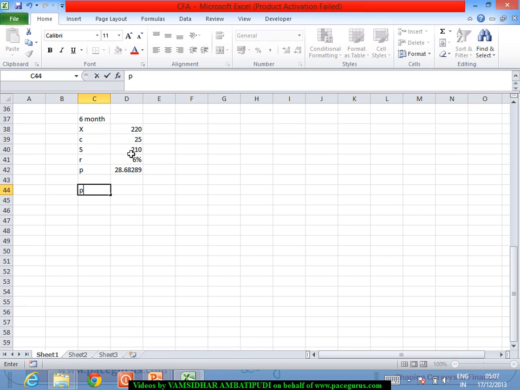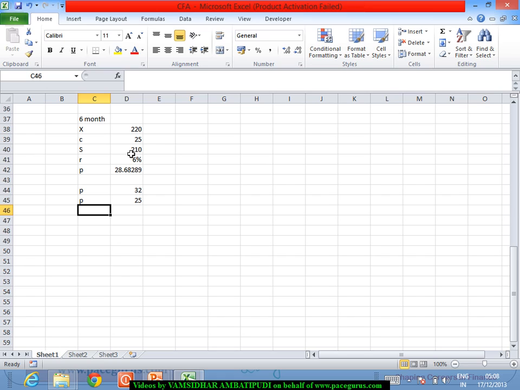But let me assume two scenarios. The put option price in the market is 32 versus the put option price in the market is 25. These are the two scenarios suggesting the actual price of the put option in the market.